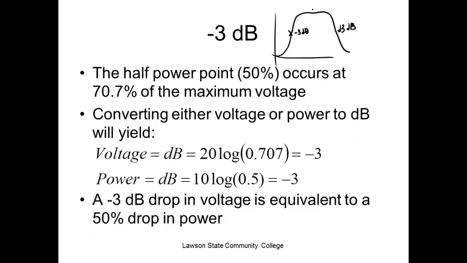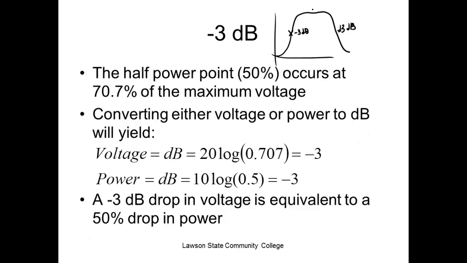So when we get into a lot of cables, they'll say a maximum loss of 3 dB. They don't say minus 3 dB, but if they say a maximum loss of 3 dB, you know it's a minus 3 dB, right?